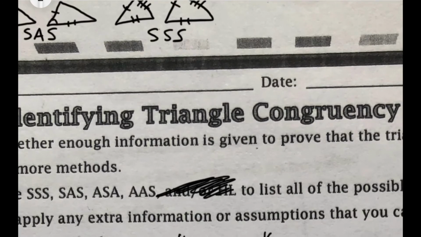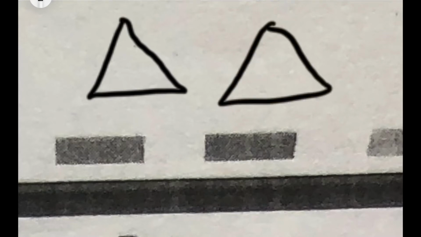Another way is if we have these two triangles and we're told this angle is congruent, this side and this side is congruent, and this angle is congruent.